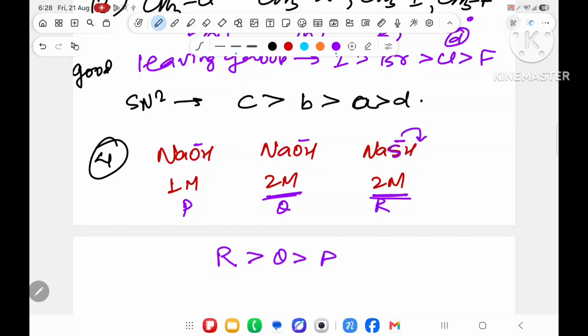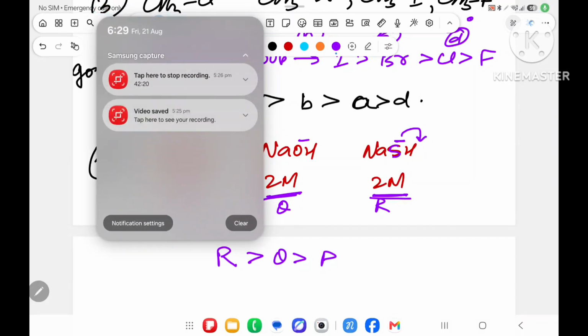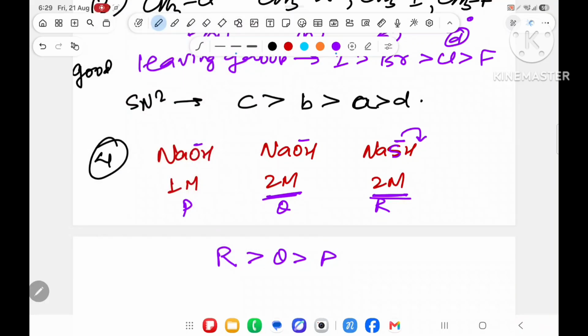So I hope you understood about SN2. And again I am saying, any confusion you can ask me, don't get nervous. 42 minutes, okay. Now I am going to dictate the next part of the topic, that is called SN1.